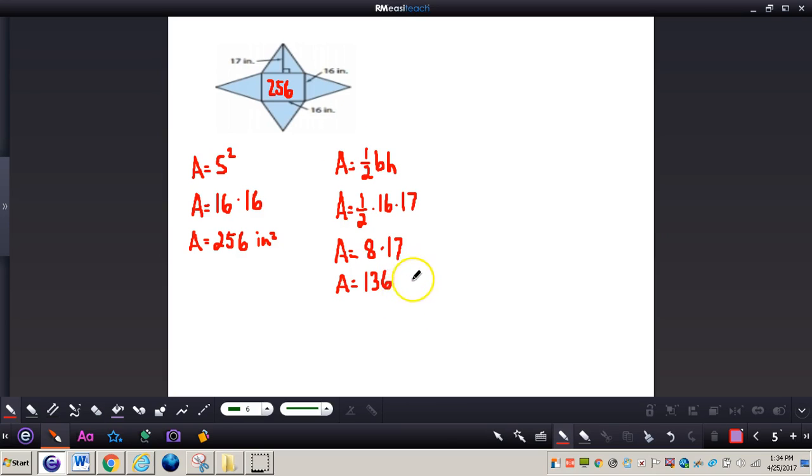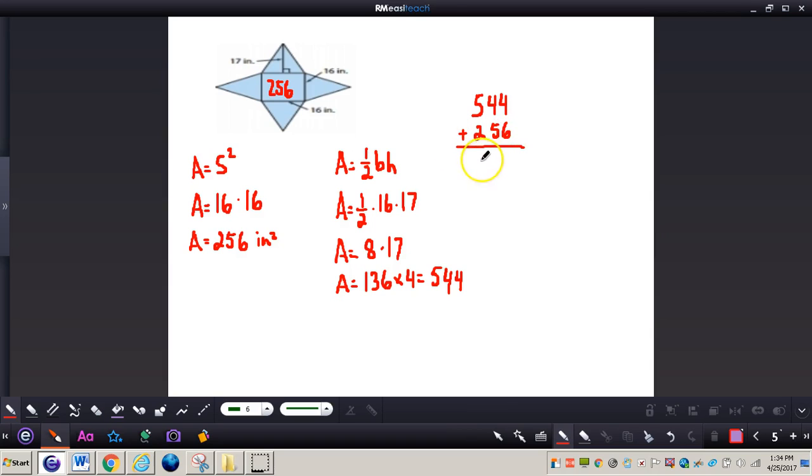We're going to take that 136 and multiply it by 4. 136 multiplied by 4 is going to give us 544 square inches for all the triangles. Now you're going to take that 544 and add the 256 to that.